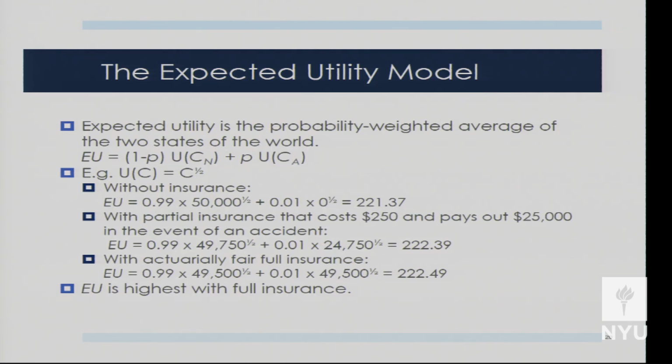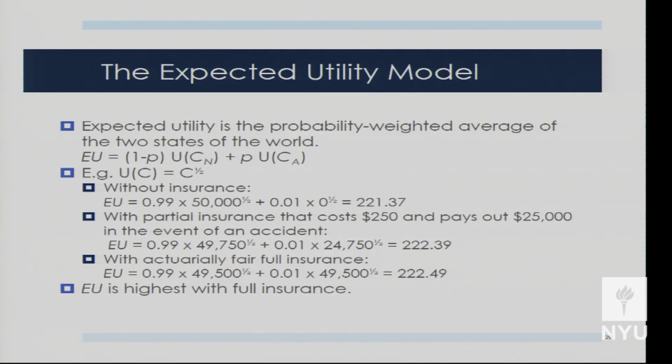Now let's do the full insurance case. This is a case where you're paying $500 for $50,000 of coverage. This is full actuarially fair insurance. With probability 1%, you have the accident. Your $50,000 asset is wiped out. You get a $50,000 payout from the insurance company, but of course you've paid the premium as well, so you have a consumption of $49,500, and a utility of $49,500 to the 1/2.